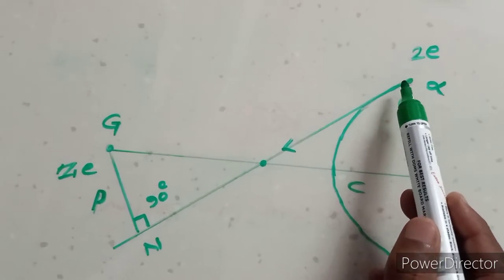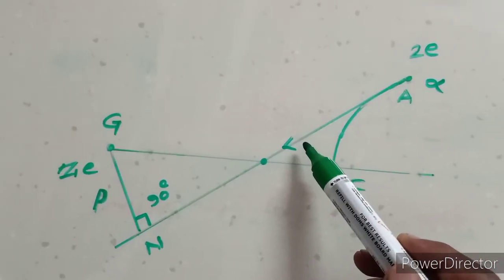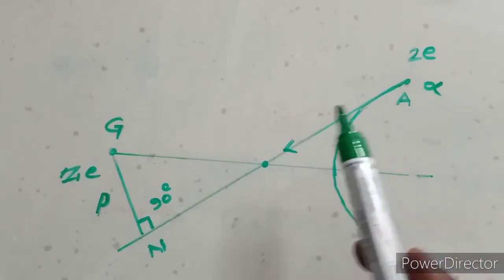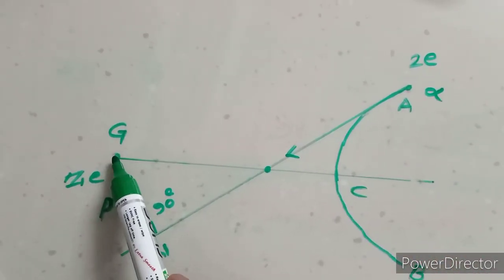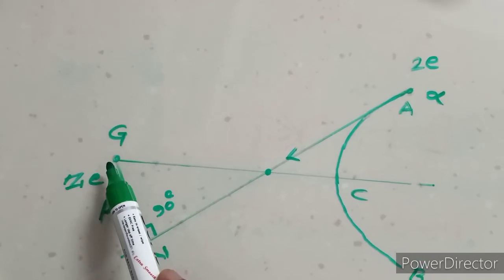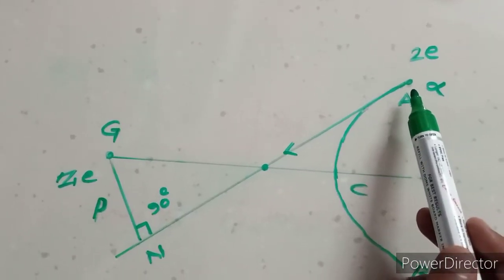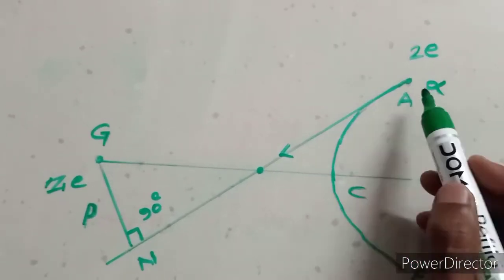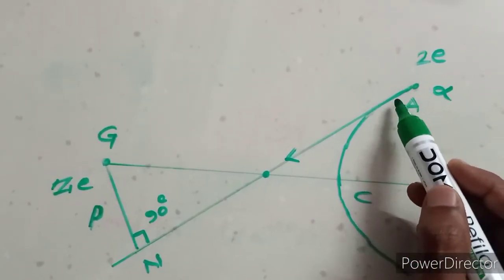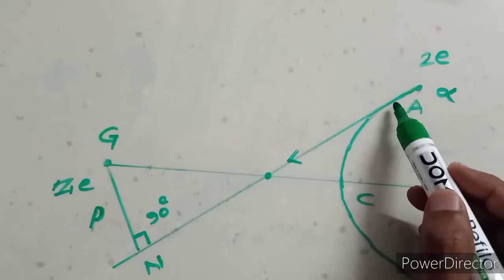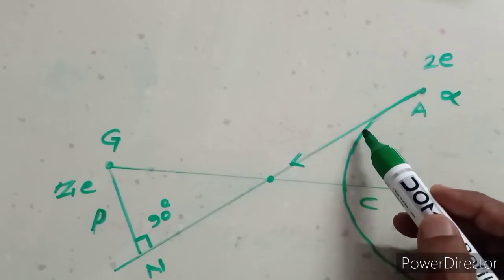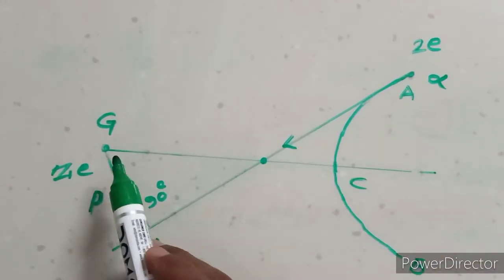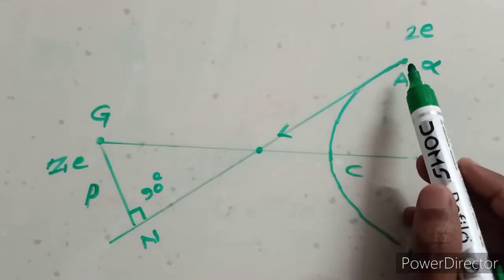Here this is the initial direction, but the alpha particle has positive charge and the gold nucleus has positive charge. This positive charge and this positive charge are repulsive. So the alpha particle direction changes to the path ACB because of the repulsive force between the gold nucleus and the alpha particle.